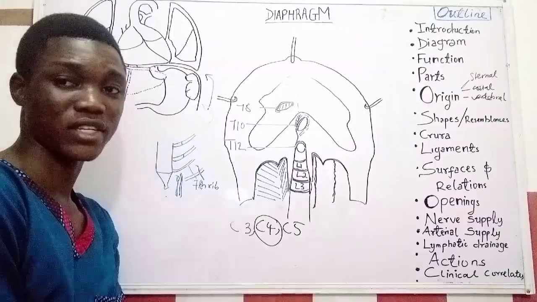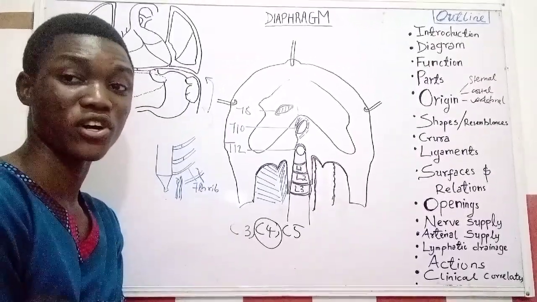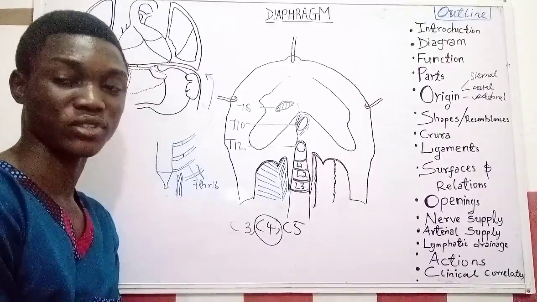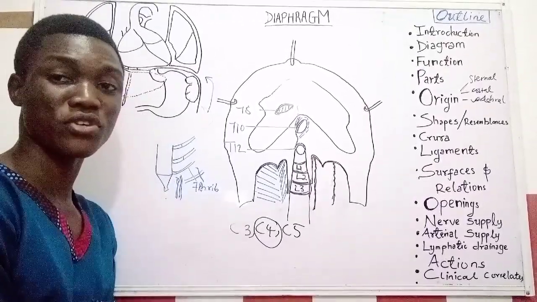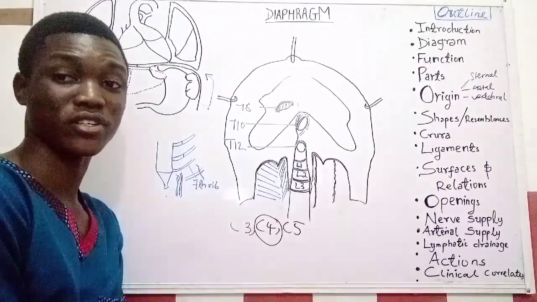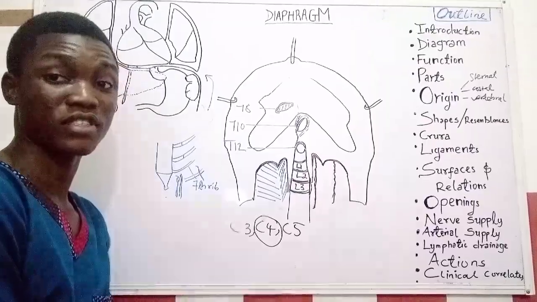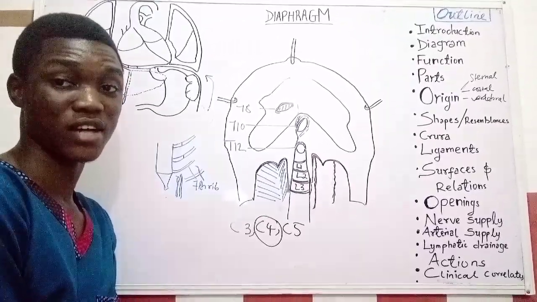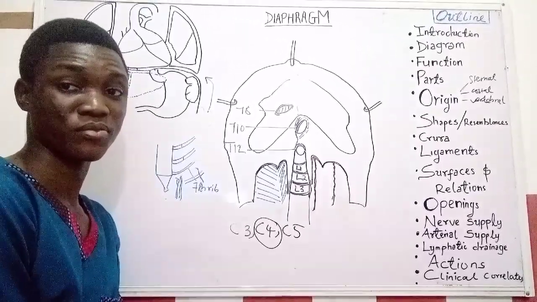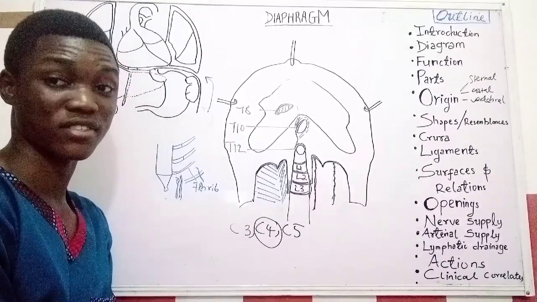The arterial supply of the diaphragm includes: one, we have the superior epigastric arteries. The superior epigastric artery is a continuation, or should I say the terminal branch, of the internal thoracic artery. We also have the superior phrenic and the inferior phrenic arteries.